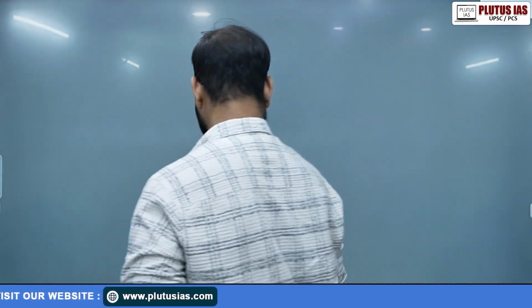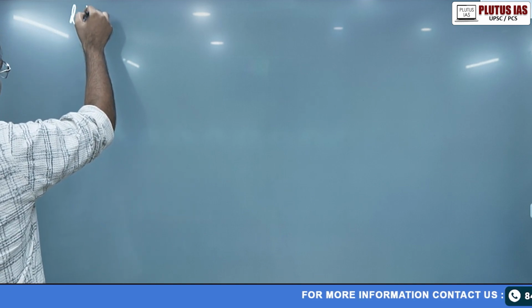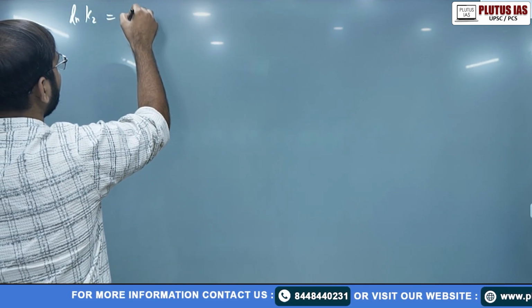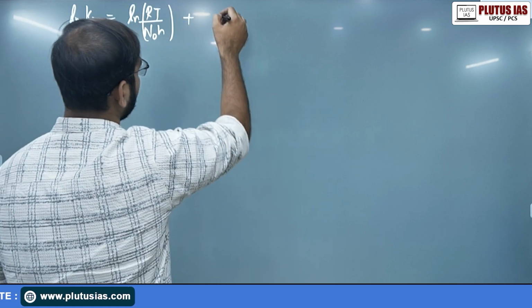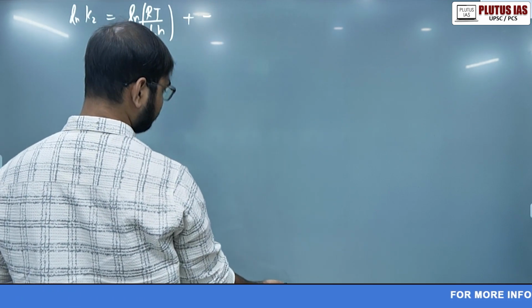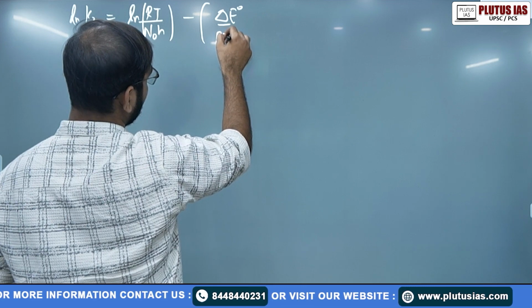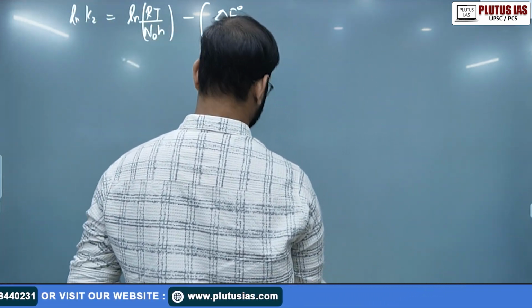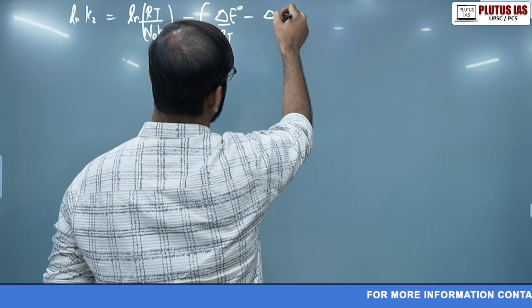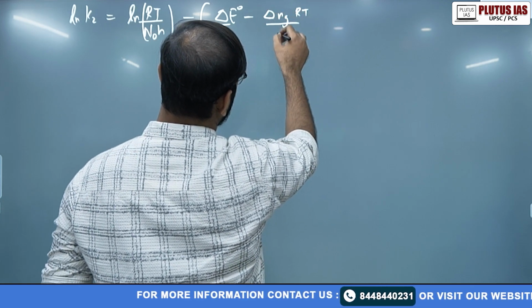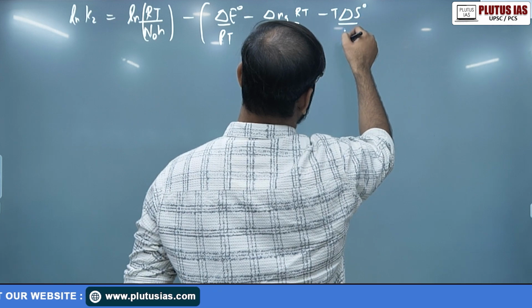So putting all this value, it will become ln K2 equals ln RT N naught H plus minus delta E naught upon RT minus delta Ng RT upon RT plus it will be minus delta S naught T delta S RT.